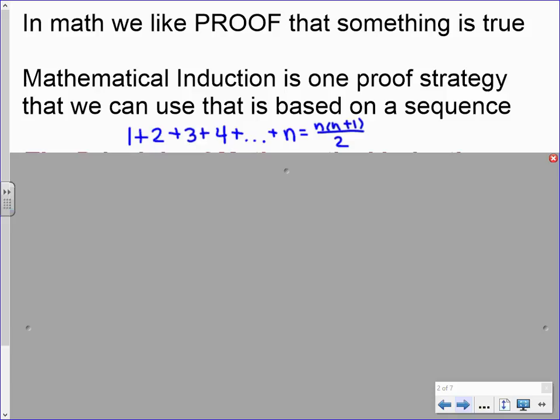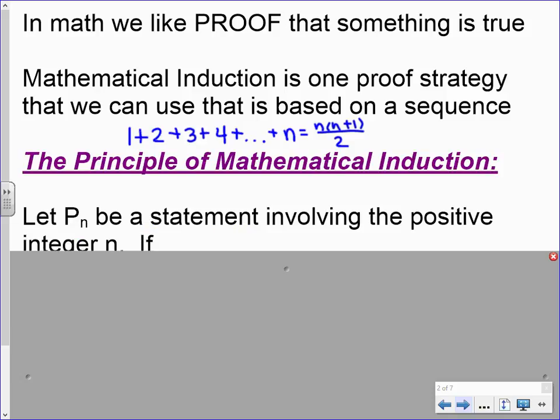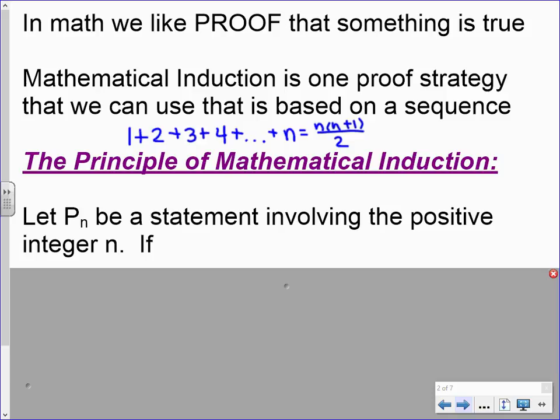So, you are going to get a statement involving a positive integer n, kind of like I've given you up here. You're going to get a statement involving n. This formula equals this shortcut.